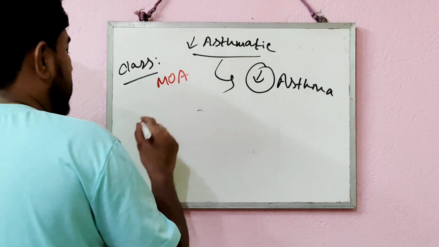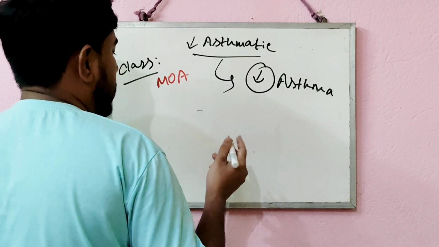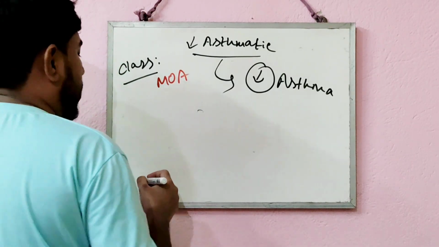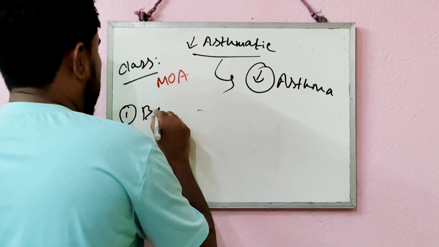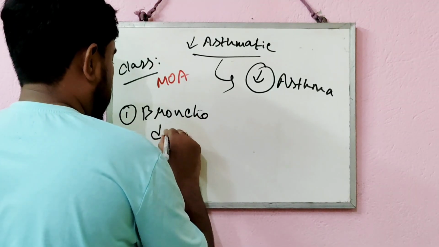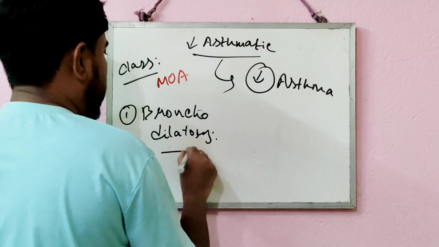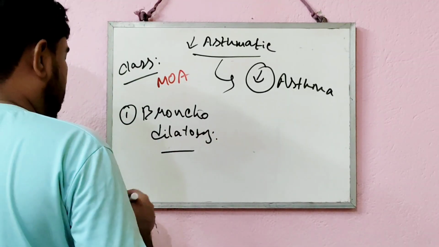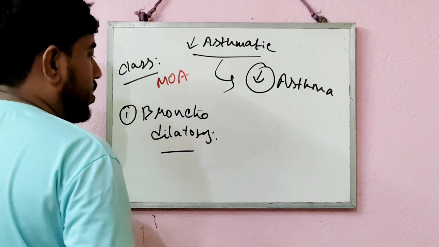The class most used in our daily life, especially for asthma patients, is bronchodilators. In bronchodilators also, all those drugs are classified into three parts according to their specific mechanism of action.